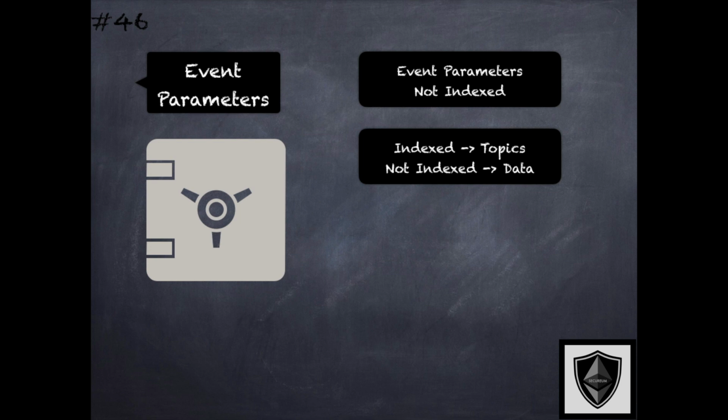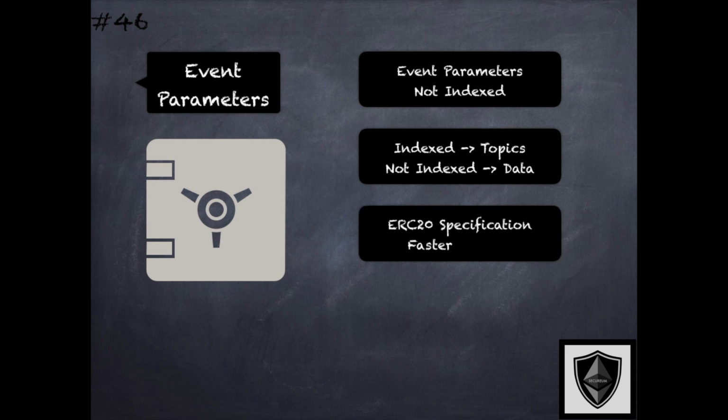And being stored in the topics part of the log allows for those parameters to be accessed or queried faster because of the use of the Bloom filter. And if they're stored in the data part, then it results in a much slower access.